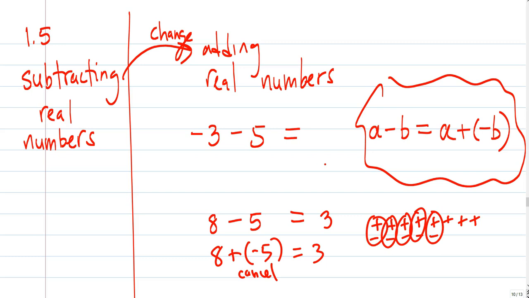Well, rewrite it. The phrase that I'll use on this is stay, change. There's a lot of different ways of saying it. So if you like that, you can write stay, change.